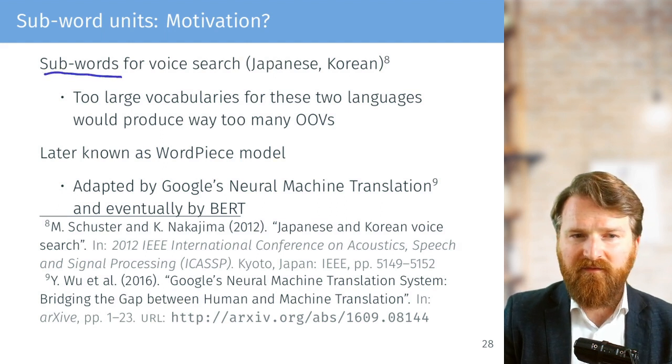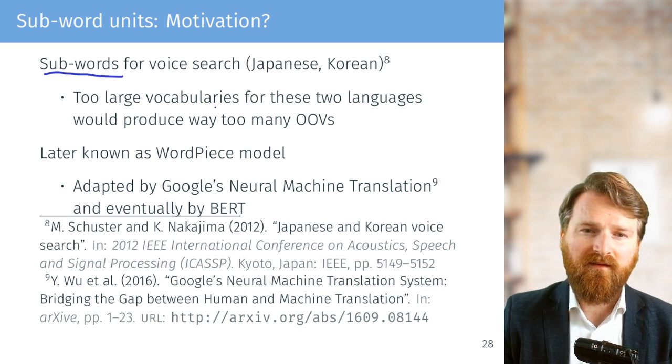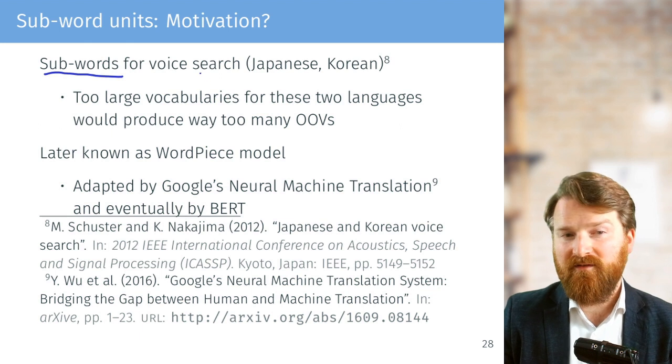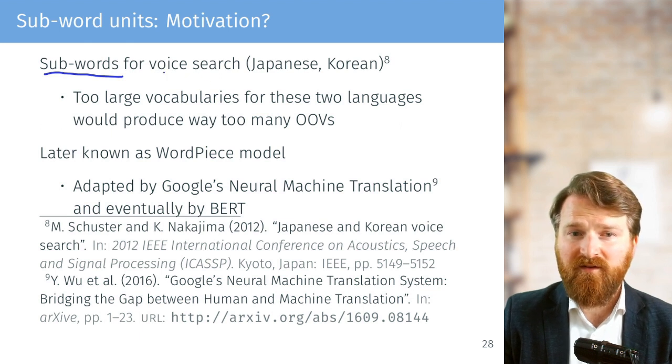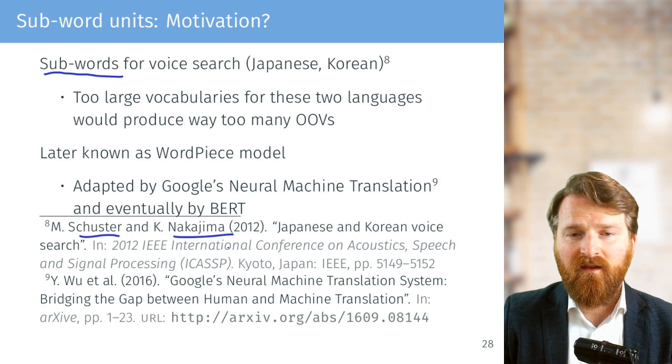And I believe one of the first using subword units in NLP, well, actually they used it for speech recognition or voice search in Japanese and Korean. It was in 2012, Schuster and Nakajima.